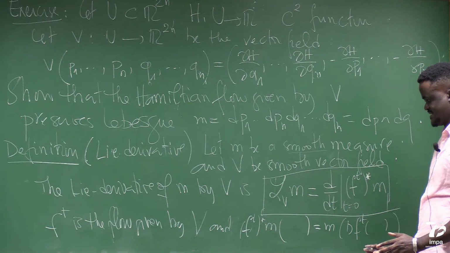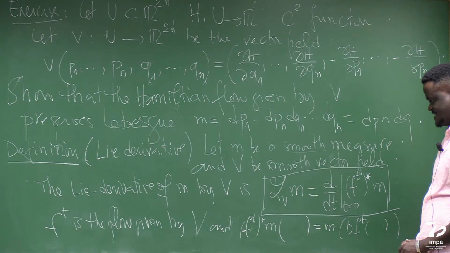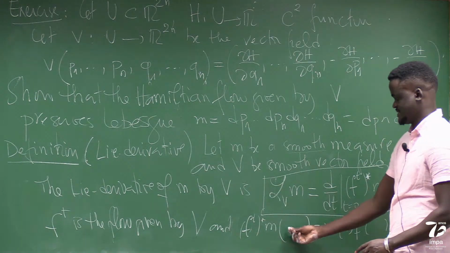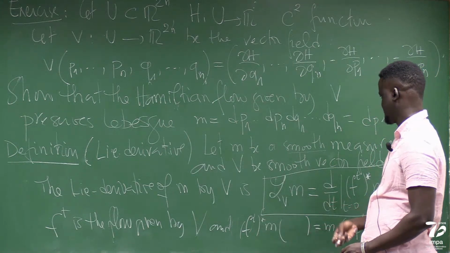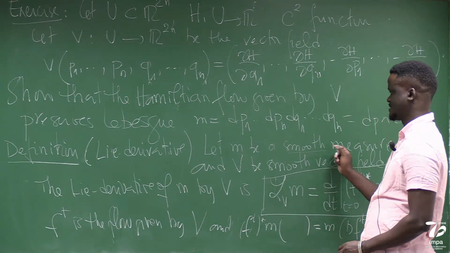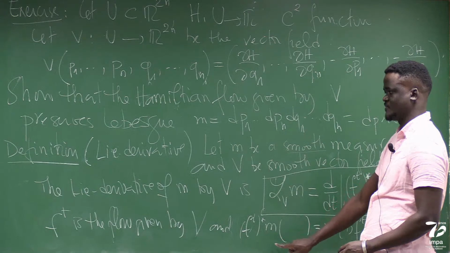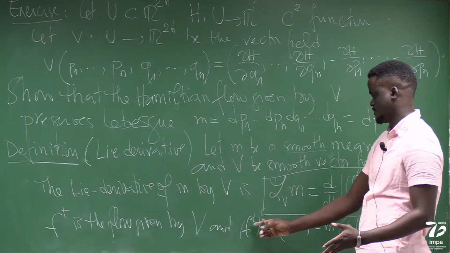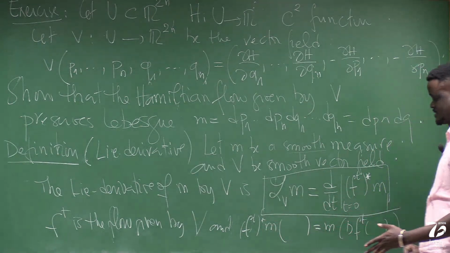So it's good to see smooth measures just as top forms on the space. The pullback of this form is defined like this.